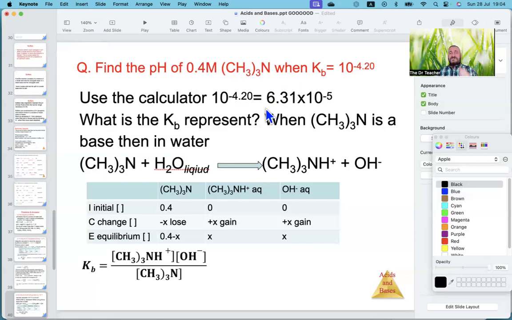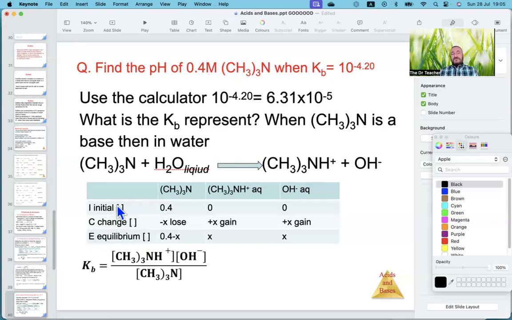So now use the calculator similar to before. We have the Kb, so 6.3 times 10 to the minus 5. So what's here, the Kb represents when NCH3 by 3 is a base, then in water, you see, this is the base. In water it will give me what? This is the base. This is the acid. So this is the conjugate acid, and there is a conjugate base. So now we apply the ICE: initial concentration, change in concentration, and equilibrium.